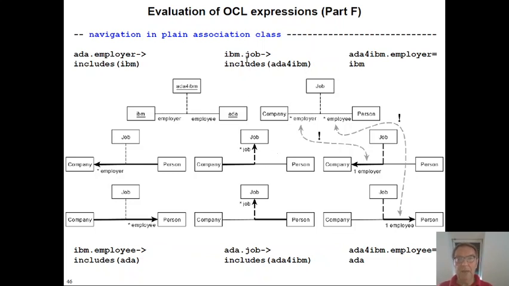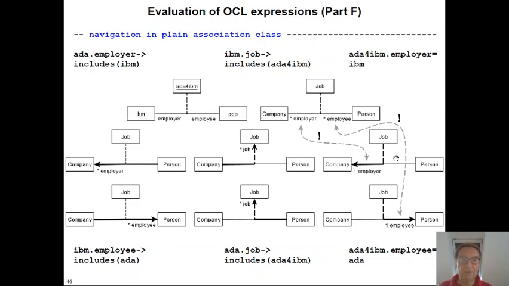So IBM.job gives a set of job objects, and analogously from person you can navigate to job with job, and this gives the set of job objects for a particular person object. So this navigation to the association class is multi-valued, is set-valued.